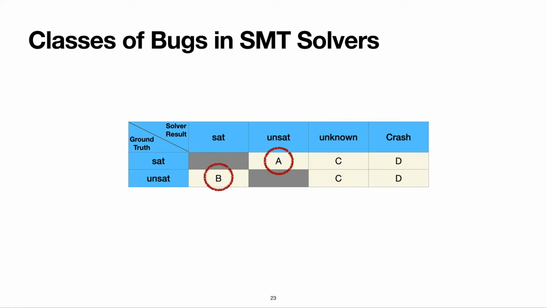Class B refers to bugs where the solver returns sat for an unsatisfiable instance. A solver is incomplete if it returns unknown for an instance that lies in a decidable theory fragment. We categorize such bugs in class C. Finally, bugs in class D indicate crashes where the solver does not return any result.